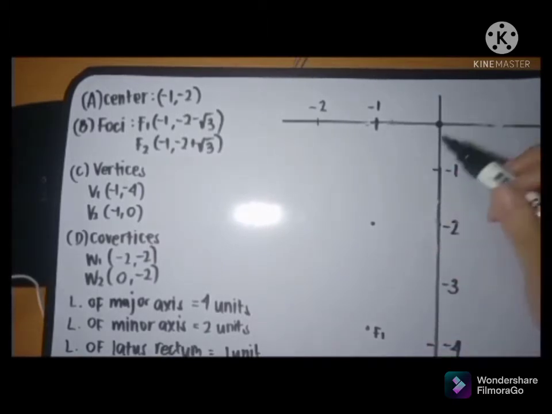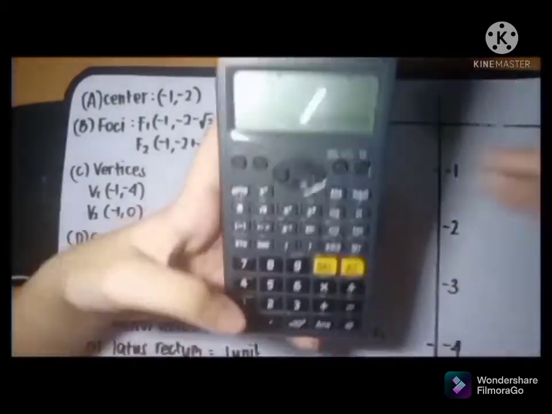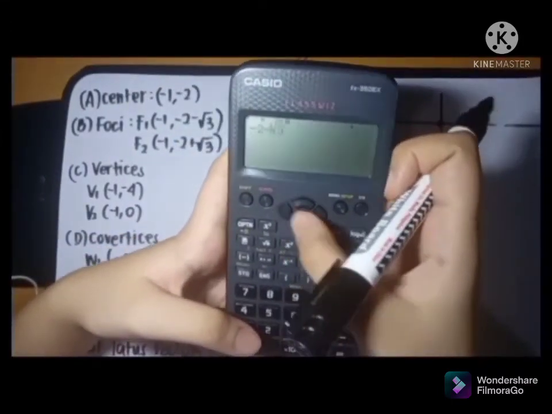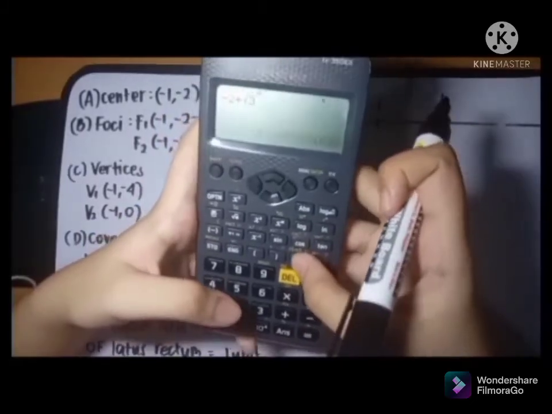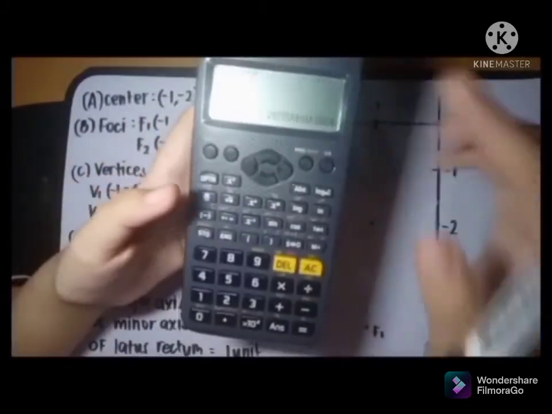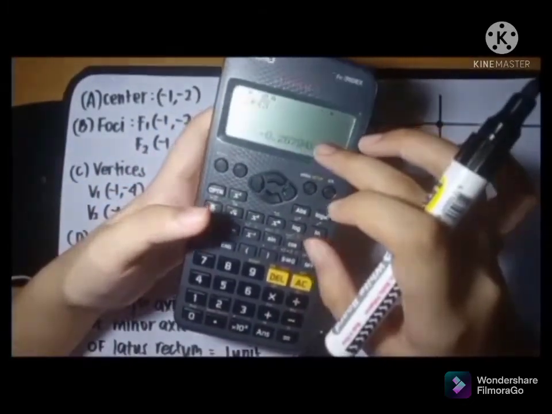How about f sub 2? In f sub 2, we have -1, -2 plus square root of 3. Now we're going to just change the sign to positive, and that should give us an answer of negative 0.26.